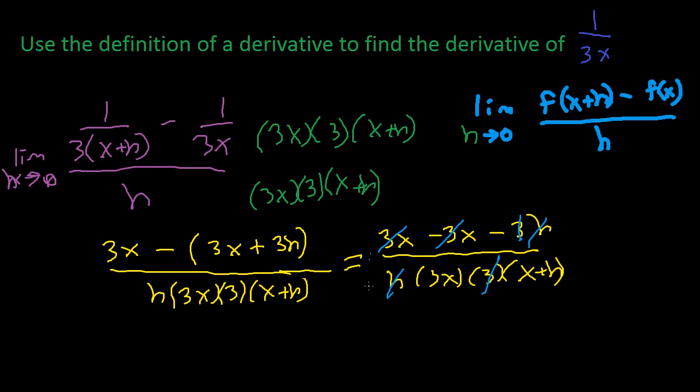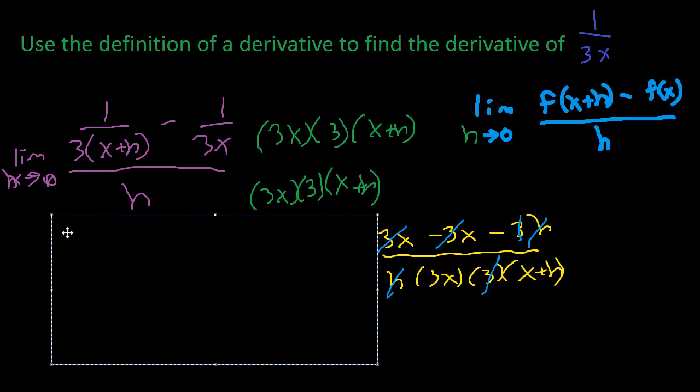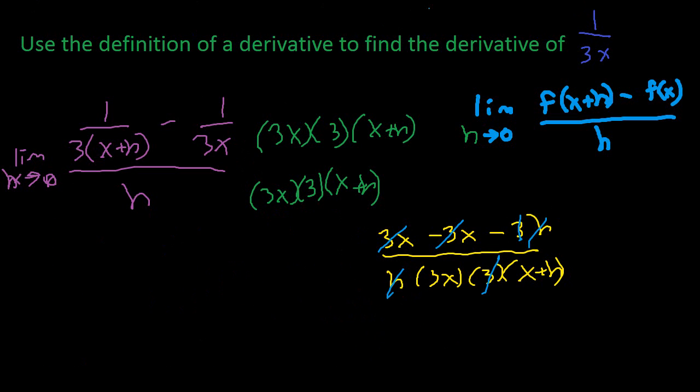Or I should say, let me just erase this left portion so I can have more room. I'll rewrite it. So overall, I would have a negative 1 over 3x multiply, and then what do we have left? Well, we have x plus h.